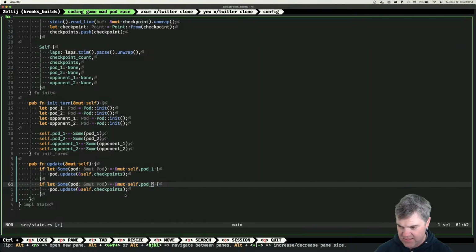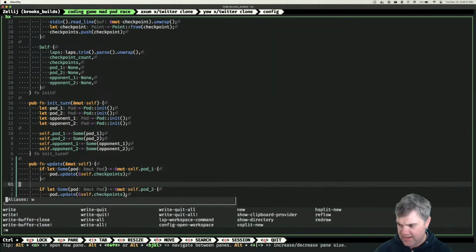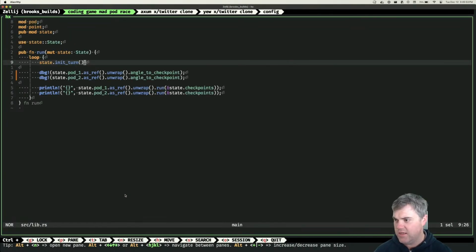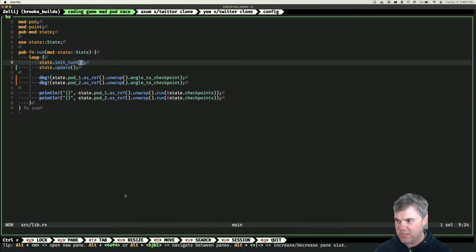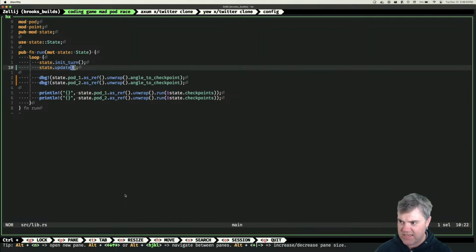And because I'm lazy, just do 2 lines like that. Okay, so now I can call update. Like that. So I update the data. So we initialize the turn, we update the data, and then we go there.